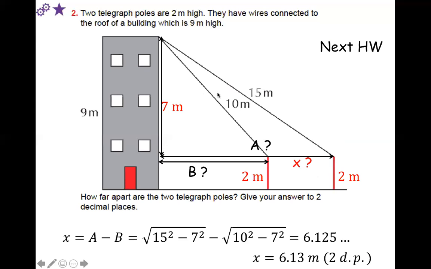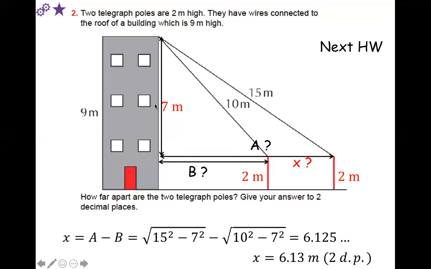So the difficulty here was, first of all, to identify the two right angle triangles. Find out these distances when you know you've got that distance, those distances, but how do you get that distance? You know the height of the building and the height of the poles, and that's how you find that.